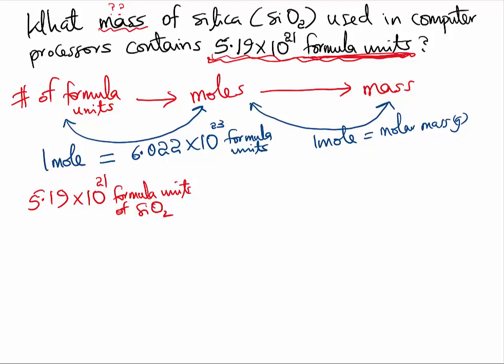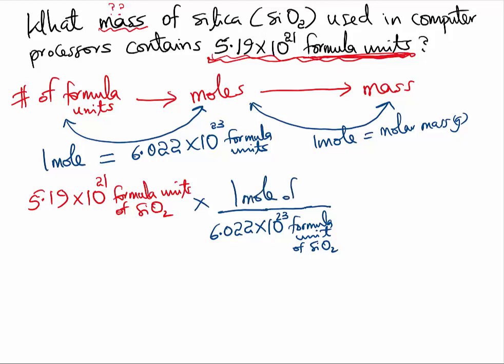We can change that to mole if we multiply by the conversion factor, which says that 6.022 times 10 to the power 23 formula units of SiO2 will be equal to 1 mole of SiO2. Then we cancel out formula units.